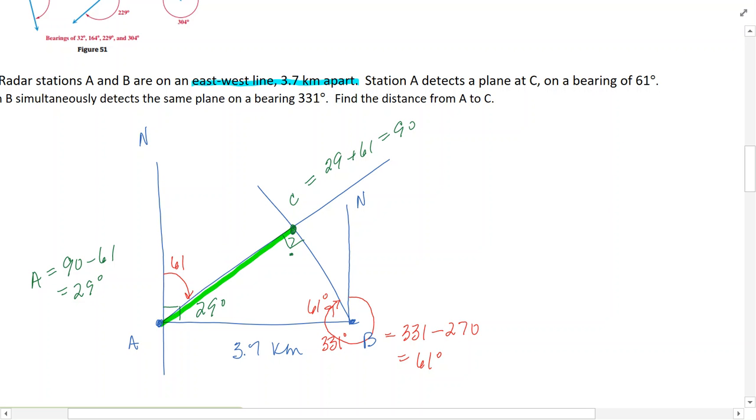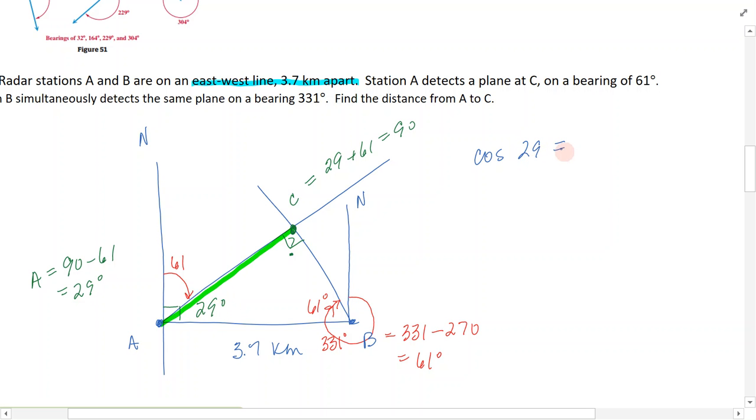Now, I'm choosing to identify this measurement by talking about cosine. So the cosine is defined as adjacent over hypotenuse. So the side adjacent to the angle, right? This is the side I'm looking for, and so therefore I'm going to use angle 29.